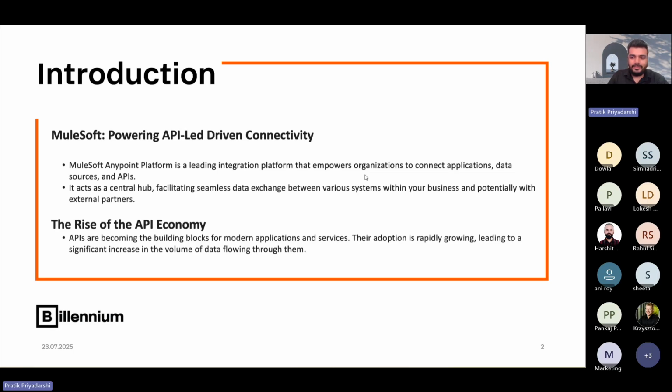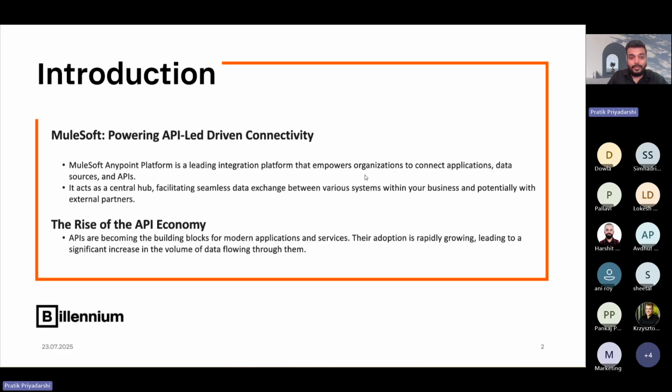So pretty much everything that we can think of. MuleSoft has already built connectors to connect everything like Workday, ServiceNow, Salesforce, SAP, and all kinds of databases, Oracle, or SQL databases like MongoDB and Snowflake. Pretty much everything that you can think of.